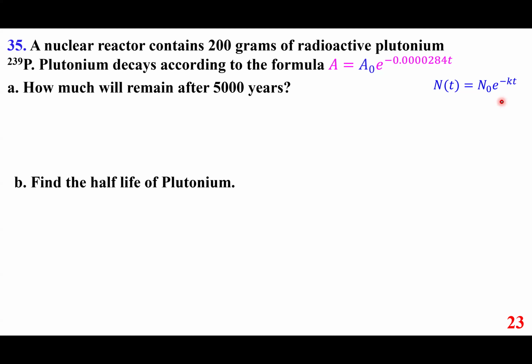That's for the exponential decay, such as radioactive substances. For this, you recognize that this is the formula that is given. This is your A sub 0. So 200 represents A sub 0, and T is 5,000.